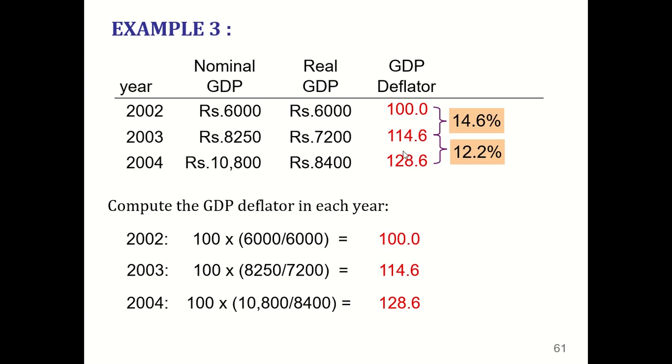Please remember this: when you are measuring inflation by any measure, whether by WPI or CPI or by the GDP deflator, you have to compute the inflation rate with reference to the previous time period. If it is the annual inflation, then you capture the price level prevailing 1 year before. If it is a monthly inflation number you are computing, find out the price level prevailing in the previous month and how much the price level has changed in this month vis-a-vis the previous month.